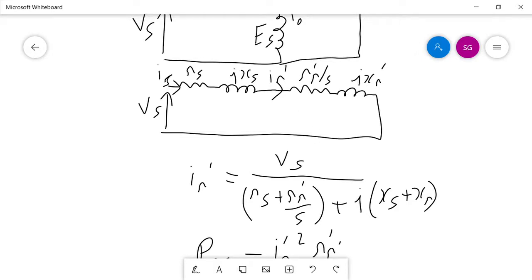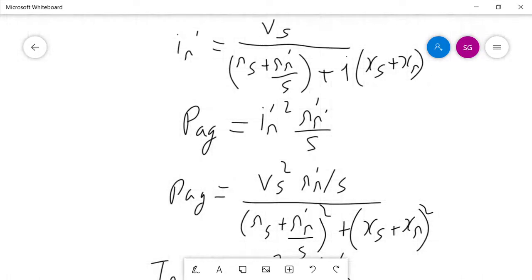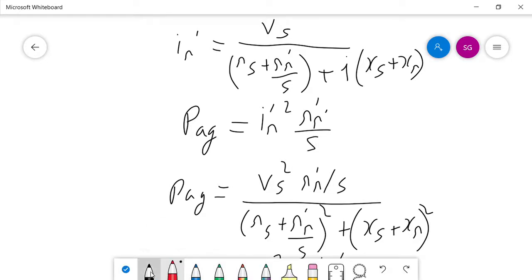And if we go on to see, our air gap power is IR dash square RR dash by S. Actually, I should correct this, because this is a power loss in the rotor winding per phase. This is the air gap power, but we have taken per phase equivalent circuit.